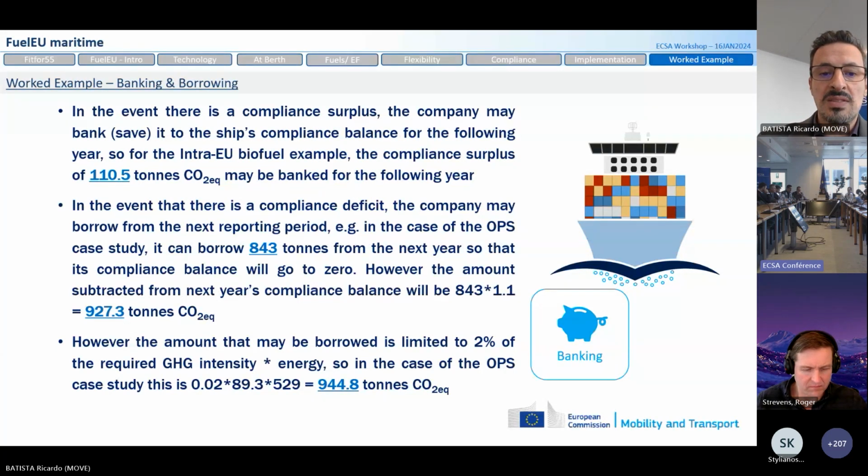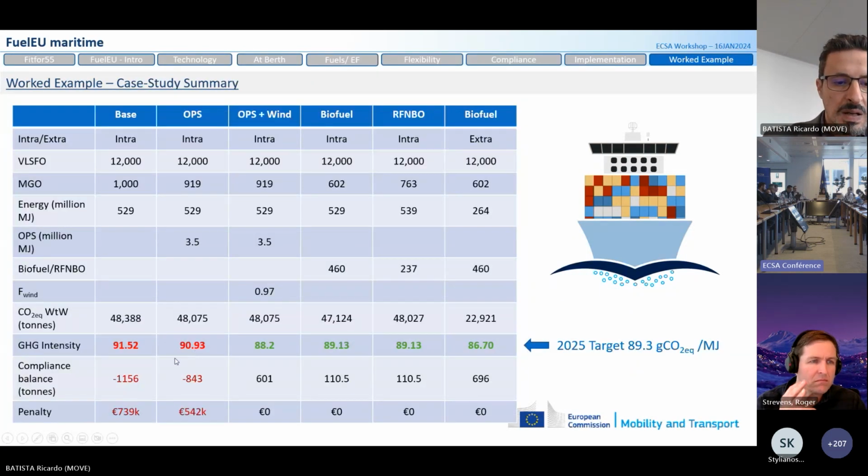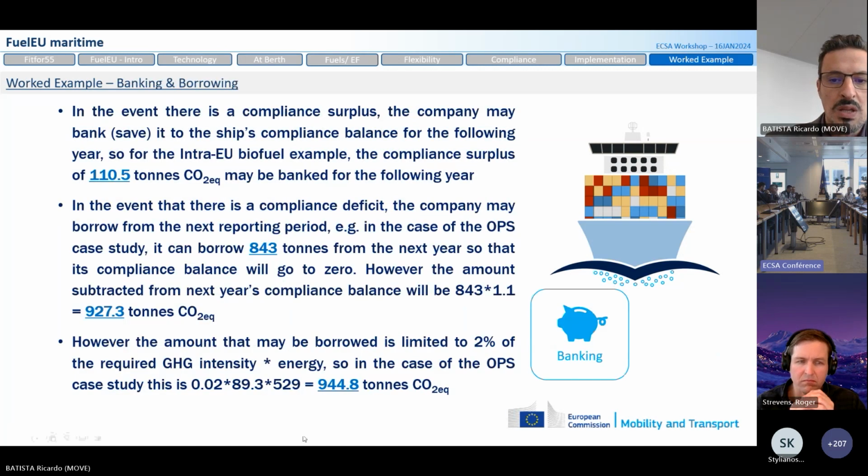In case there is a compliance deficit, you can borrow also from the next reporting period. So in the case of the OPS case study, where we had here a compliance balance of minus 843 tons of CO2 equivalent, we could borrow, but however, the amount for compliance on the next year would be aggravated by 10%.